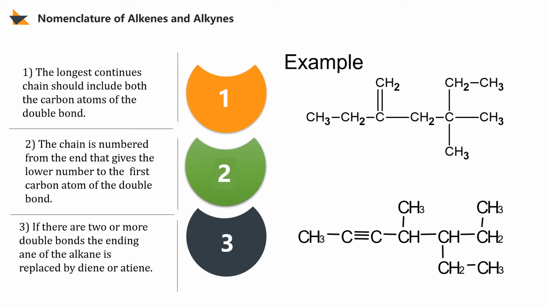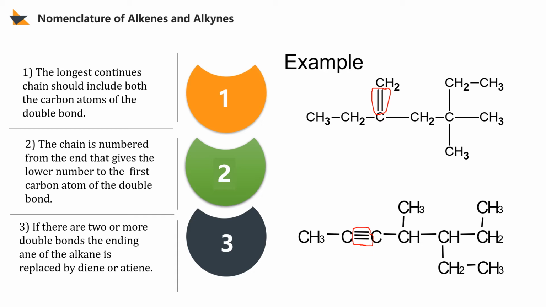So I'm gonna show you the multiple covalent bond. This is a double covalent bond, and this is a triple covalent bond. The first step is that the longest continuous chain should include both the carbon atoms of the double bond. So we have to find the longest carbon chain that includes the multiple covalent bond.